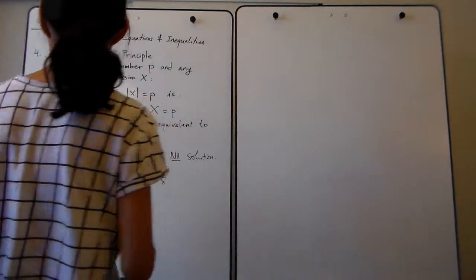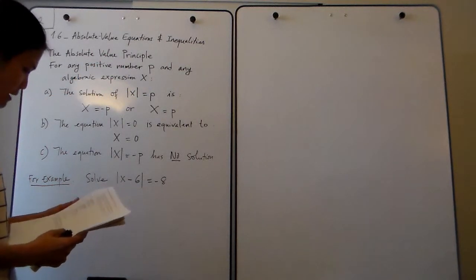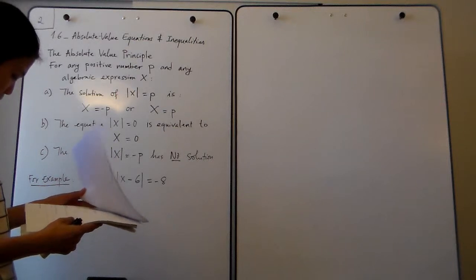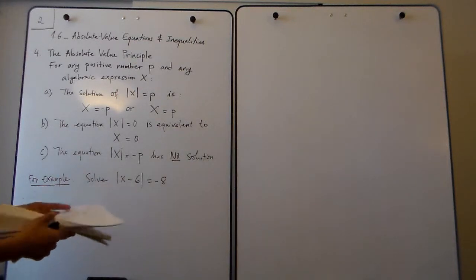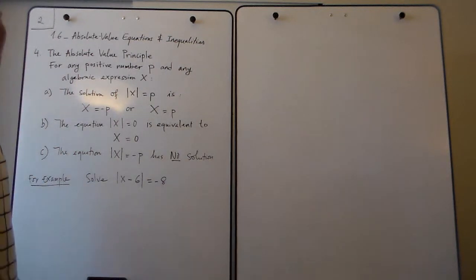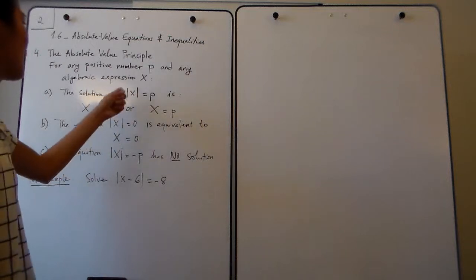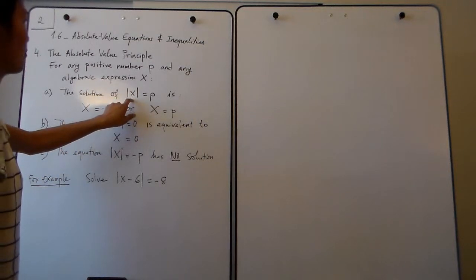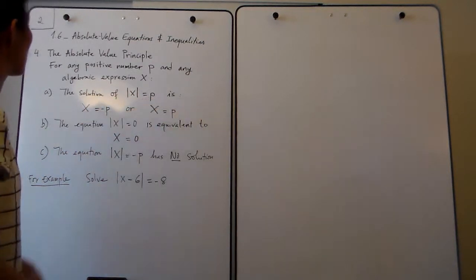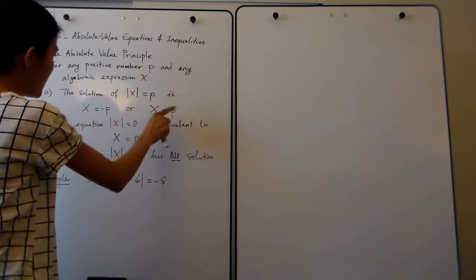Alright, we start with number 4, the absolute value principle, and you can find this on page 2. It's saying that for any positive number p and any algebraic expression x, the solution of the absolute value of x equal to p is x equal to negative p or x equal to p.